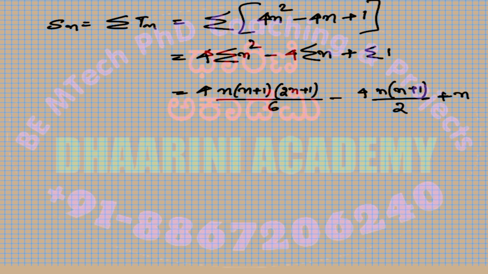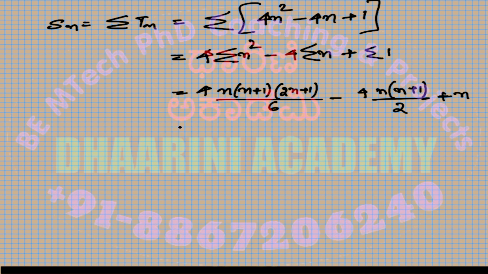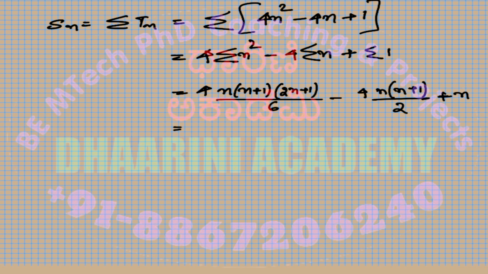All right, now let us try to simplify this and get an answer for this. What we can do here, let me take n by 3 common, because I can see 3.